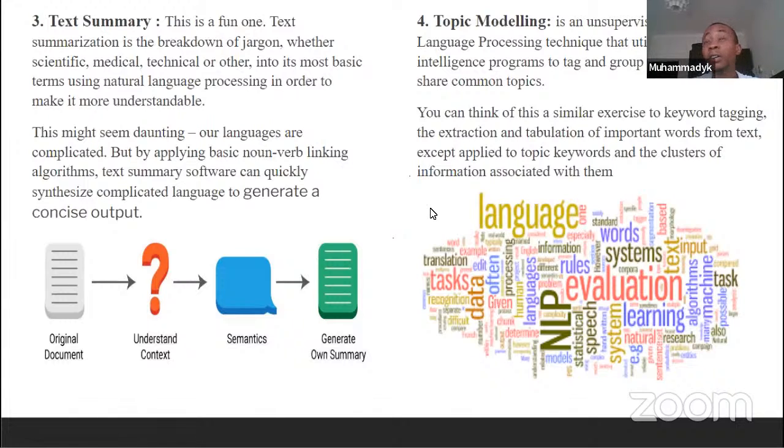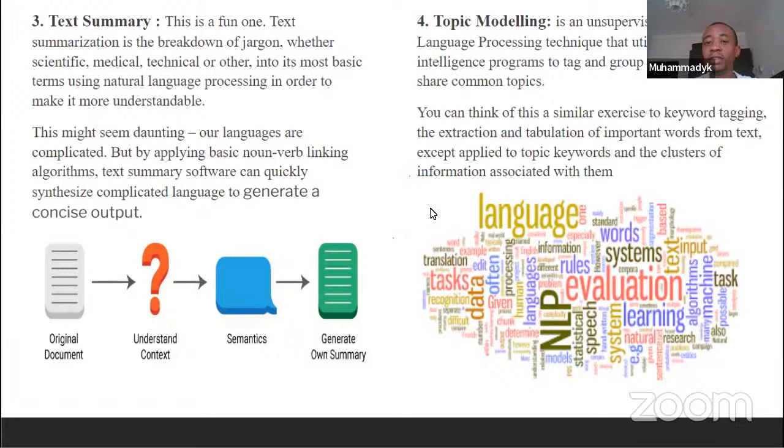Why all of those wahala? I don't know why people are still doing those jobs, but these days in natural language processing, the machine will be able to do all of those for you, to summarize the text for you, to remove all of the unwanted words for you. Yeah, so that's text summary.